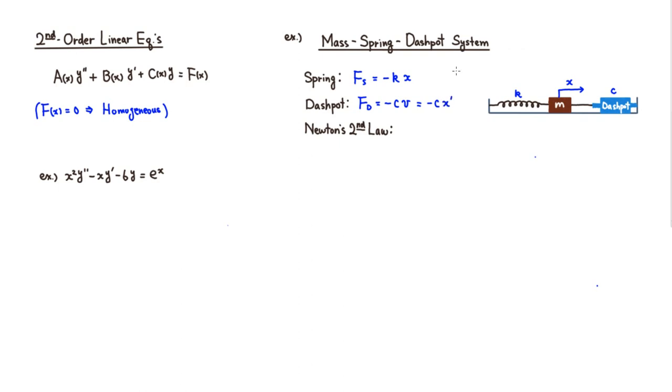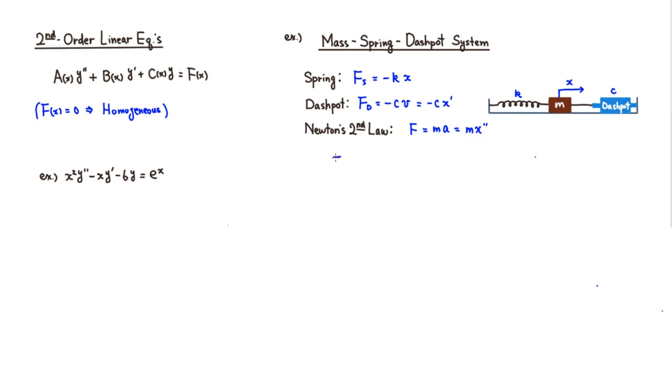Another physics fact, Newton's second law: force is mass times acceleration. Acceleration is the second derivative of the displacement, so it's going to be m x double prime. The force on the mass is going to be a combination of the spring and the dashpot.